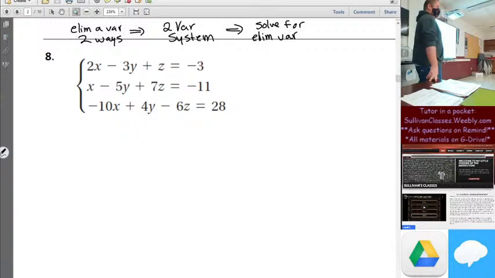Y'all have a preference? Yeah, I know your preference. You said it 3 times. What about everyone else? Anyone care? No? All right. Then I'm going to choose Z just to spite Jack. So I'm going to take this one times a negative 7.